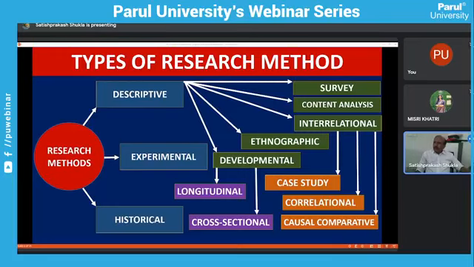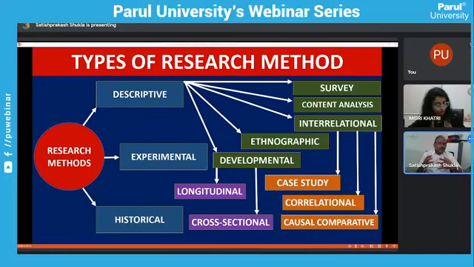Then after that, in descriptive research, the developmental research method is there. What is the developmental research method? It is the research method in which the characteristics or attributes of individuals, all living beings, are analyzed, in the sense of such characteristics which may change with the passage of time.